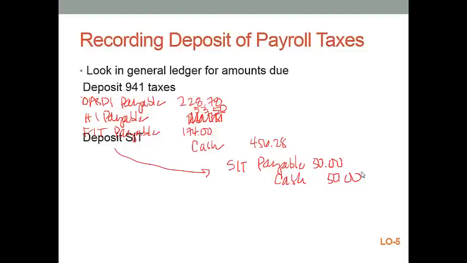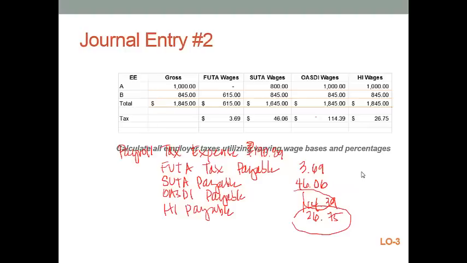And then the last one that we're going to pay is our SUTA. We pay this to the Georgia Department of Labor every quarter. If we look back at our employer journal entry, you'll see the SUTA that we expensed was $46.06, and we put it in our SUTA payable.